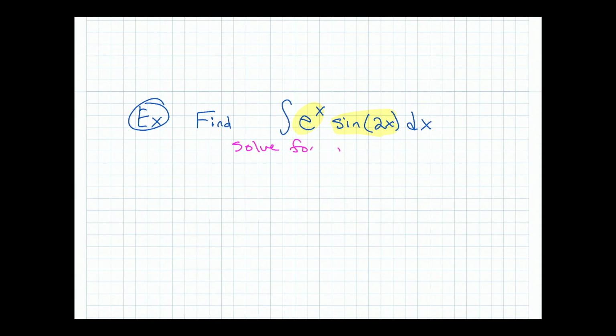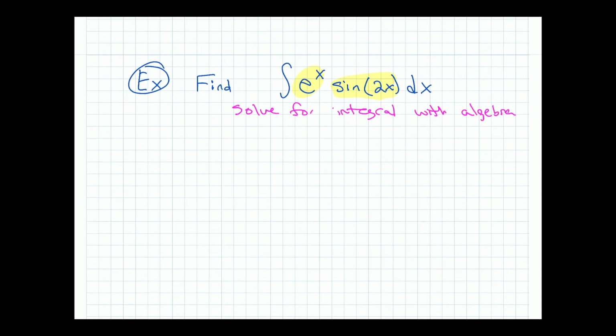Solve for integral with algebra, okay? But this is an easier version. And so this version you can actually do with integration by parts twice, but you can use tabular integration. So I'm going to say use tabular integration by parts to make it easier.